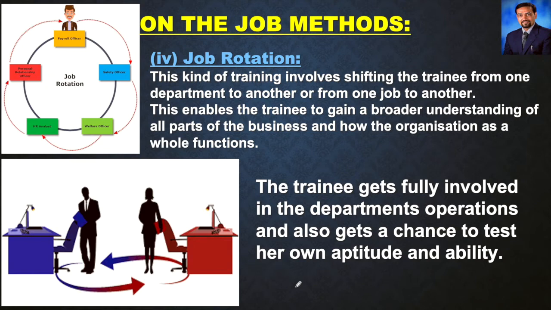For example, in banks, employees are shifted from one counter to another. Or here you see a human resource department. This person is working as a payroll officer, then he can be sent to work as a safety officer, then welfare officer, or he can be given the task of HR analyst, right?